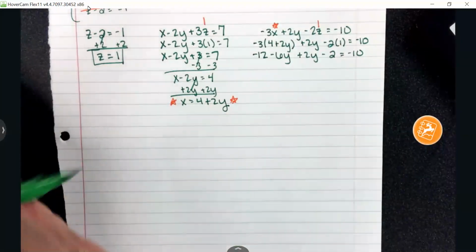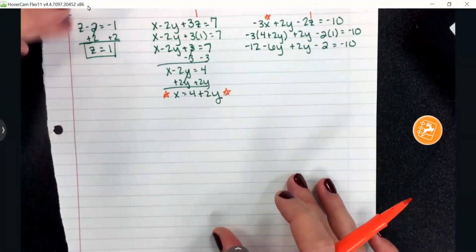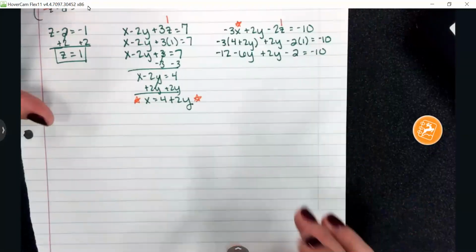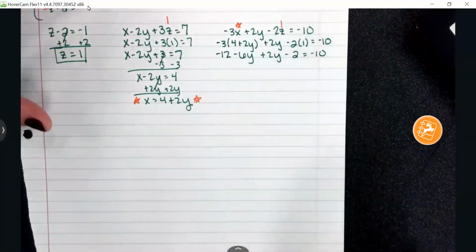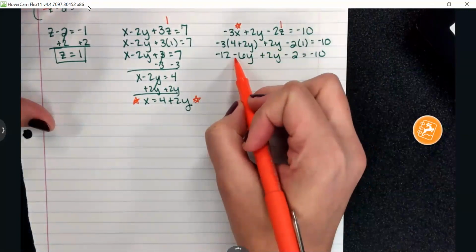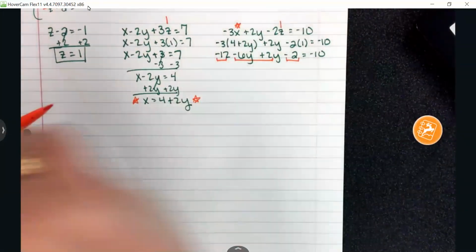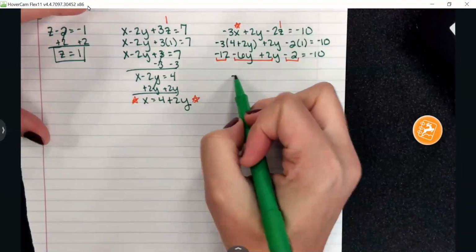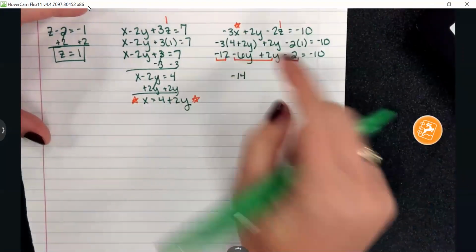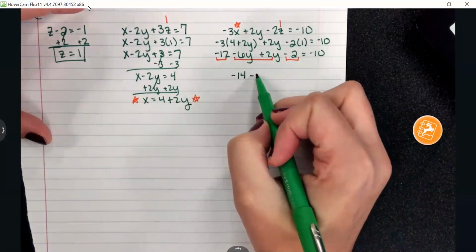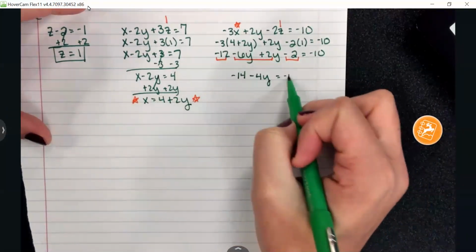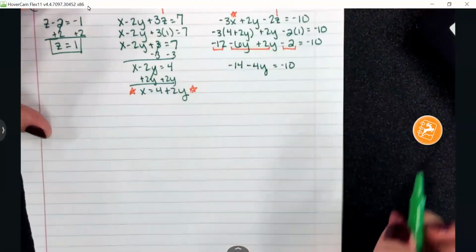Leland, what is something I can do next? Combine like terms. Which ones? The 6y and 2y, and then the negative 12 and negative 2. Very good. So negative 12 minus 2 is negative 14. Negative 6y plus 2y is negative 4y equals negative 10.